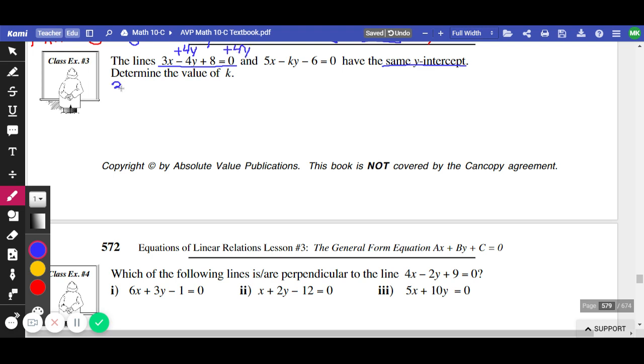When I do that, I get 3x plus 8 equals 4y. My y-intercept is not 8, because I'm not in slope-intercept form yet. I got that pesky little 4 attached to the y. I need to get rid of it, so I divide everything by 4.